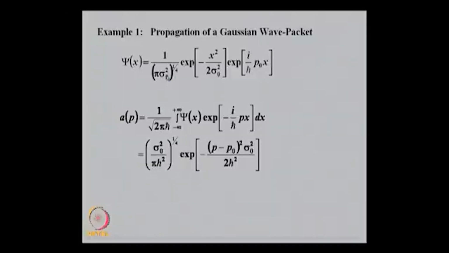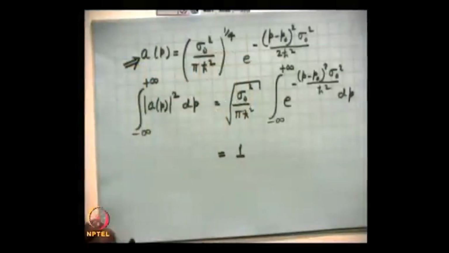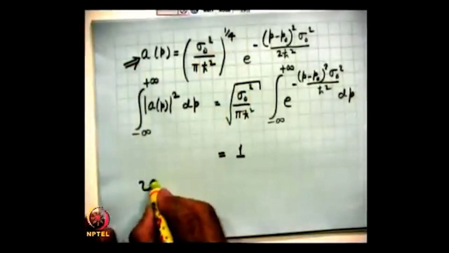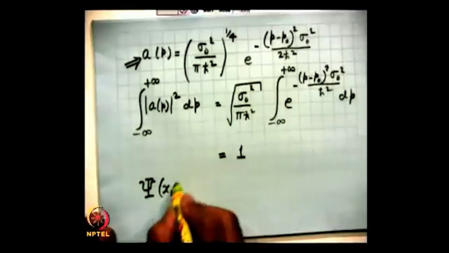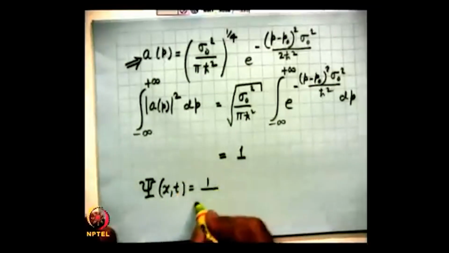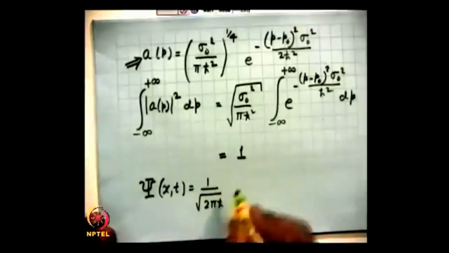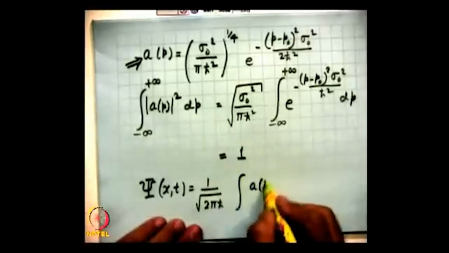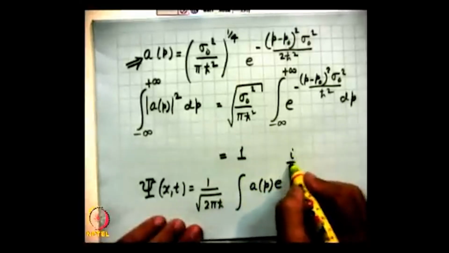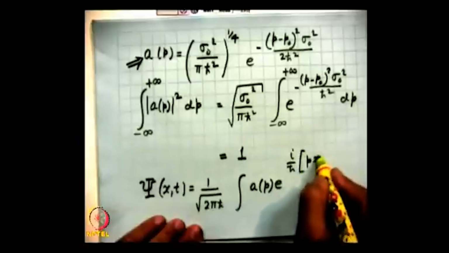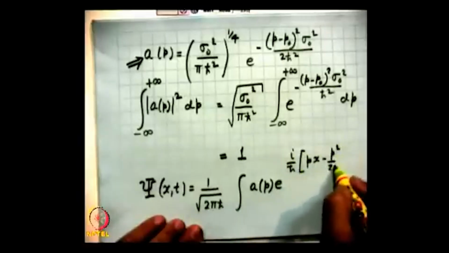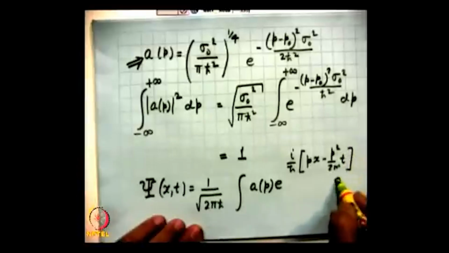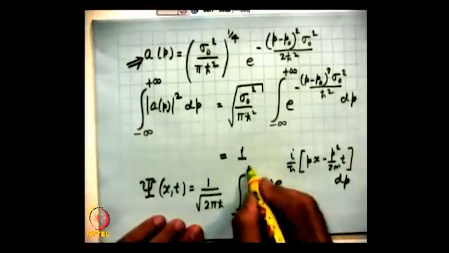So, a particle is represented by a Gaussian wave packet. Once I have A of p, then I can substitute. You remember that the most general solution of the Schrodinger equation was psi of x t is equal to 1 over under root of 2 pi h cross, integral of A of p e to the power of i by h cross, p x minus p square by 2 m into t, from minus infinity to plus infinity.